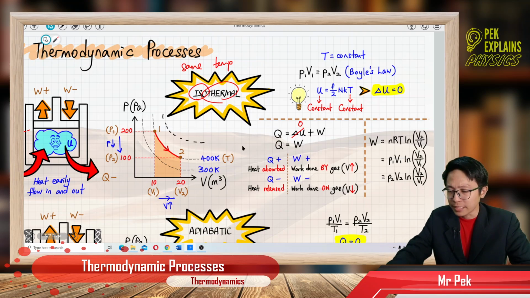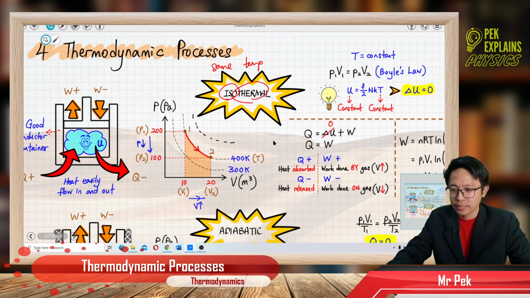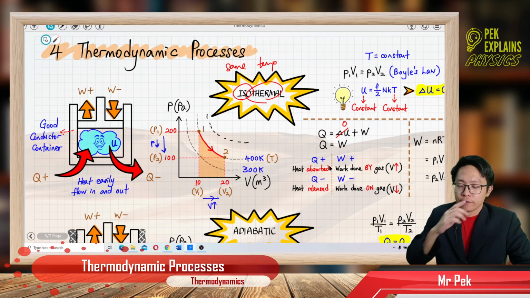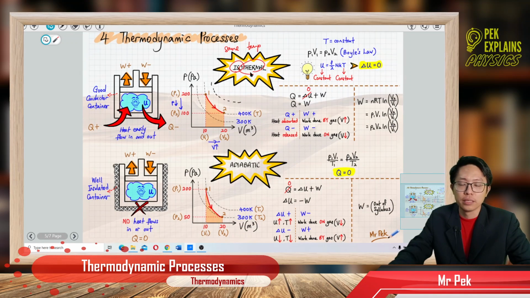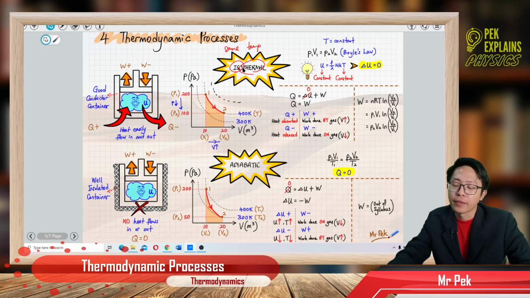Okay, let us look at this one. There is one very important difference between an isothermal process and an adiabatic process. An isothermal process must use a good conductor container, which means heat can easily flow in or out.